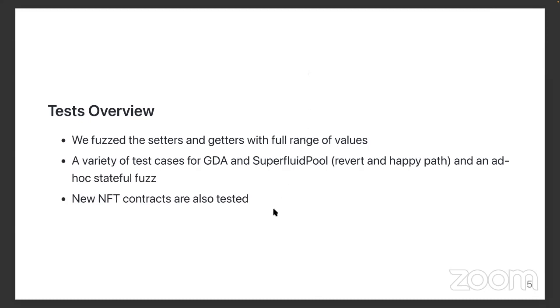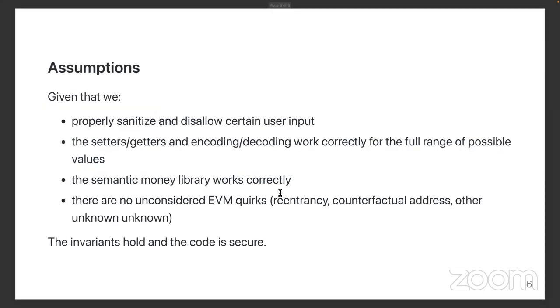And I've also tested the new NFT contracts. I don't think it'd be that useful to go over that looking at the test code. I think it's more useful to look at the implementation later, but someone else can try when we do that.